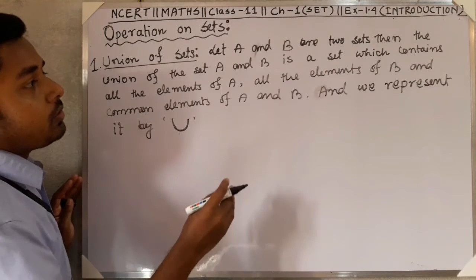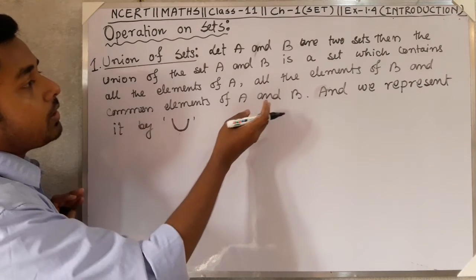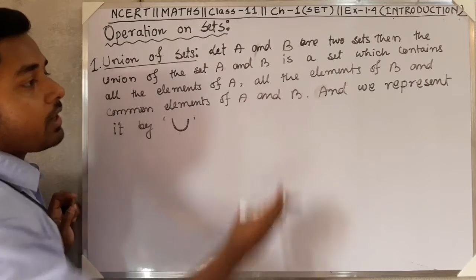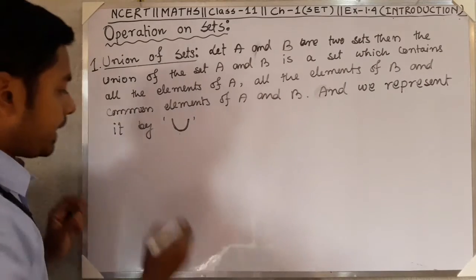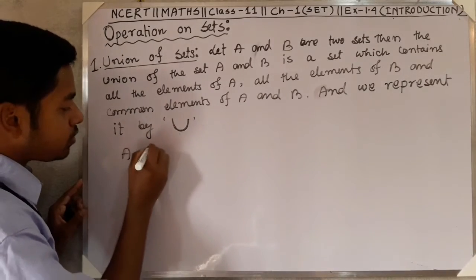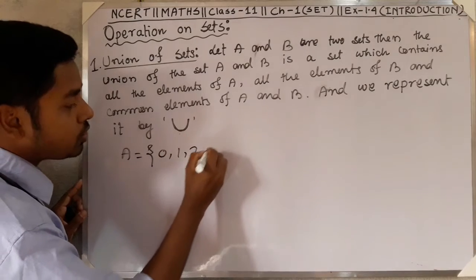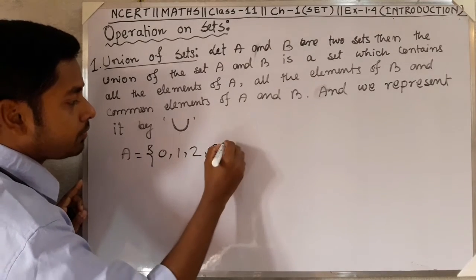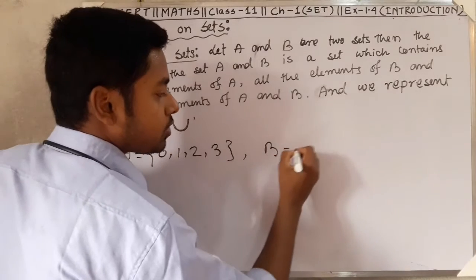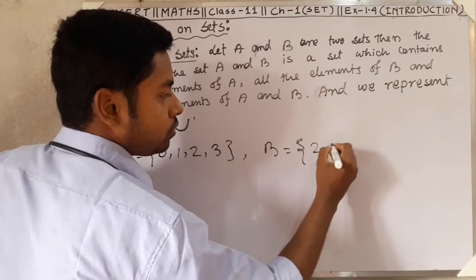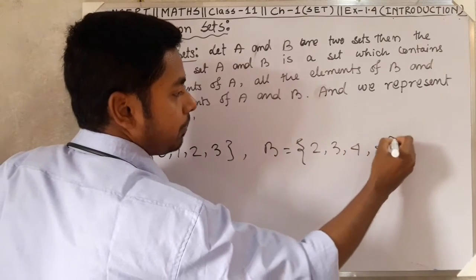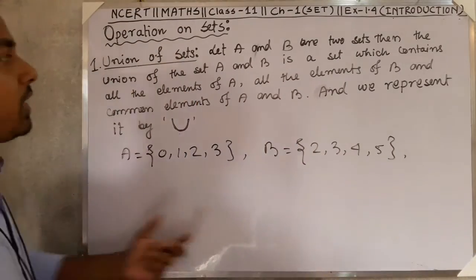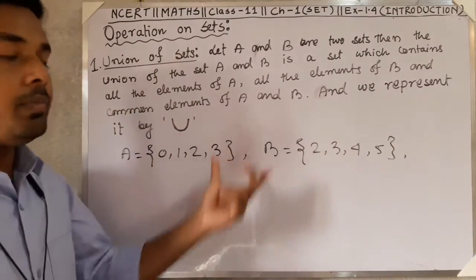Through the definition alone we cannot understand properly, so we will take an example. Suppose A = {0, 1, 2, 3} and B = {2, 3, 4, 5}. So what is the union of A and B?